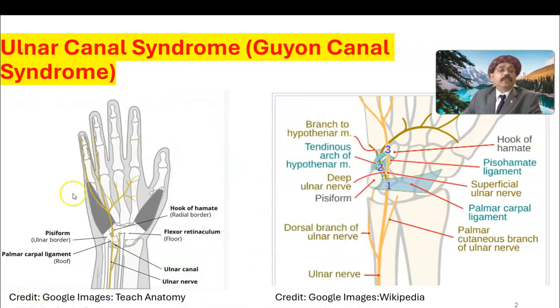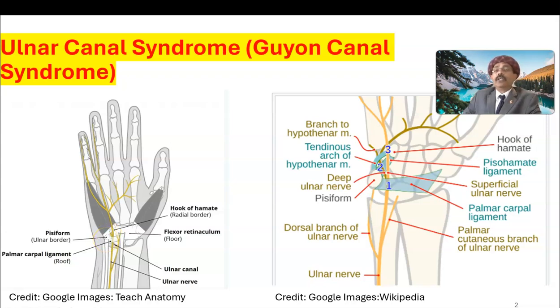Okay, so this is the pisiform bone and the hook of the hamate bone. The ulnar canal is located here. Above it, it is covered by the transverse carpal ligament, which is the same as the flexor retinaculum.